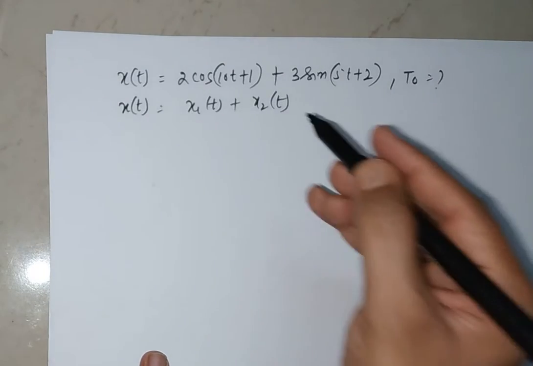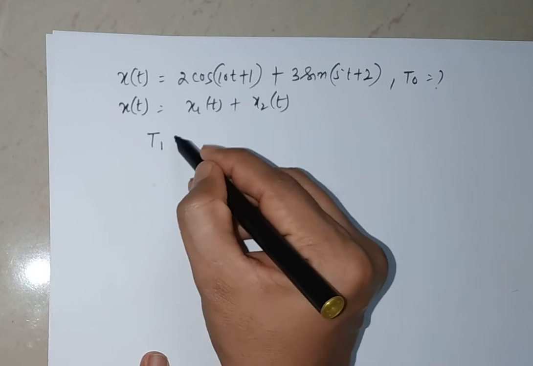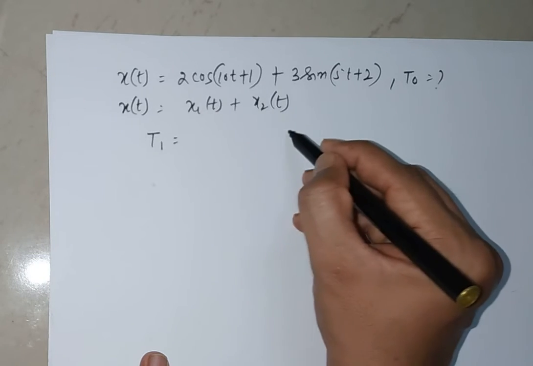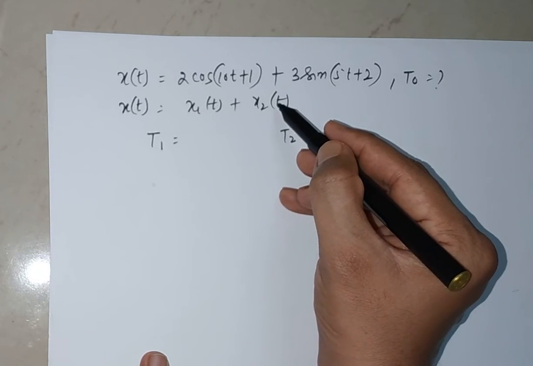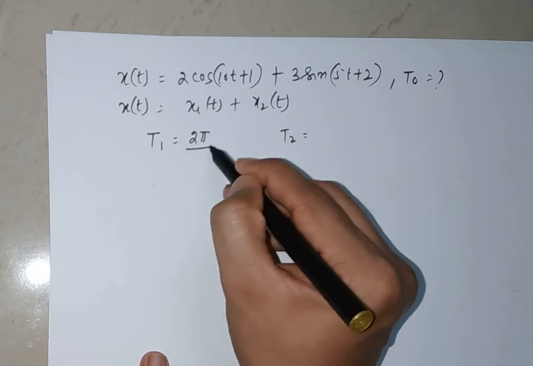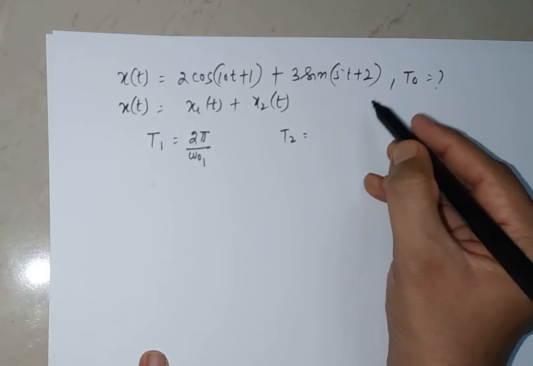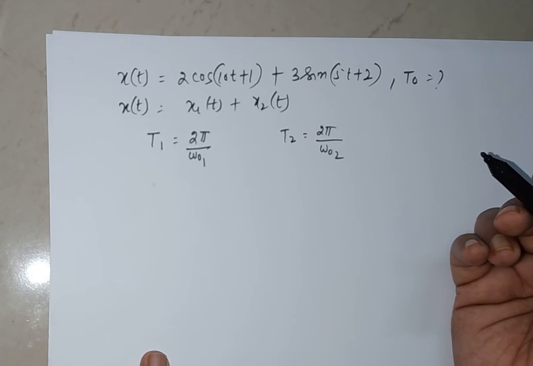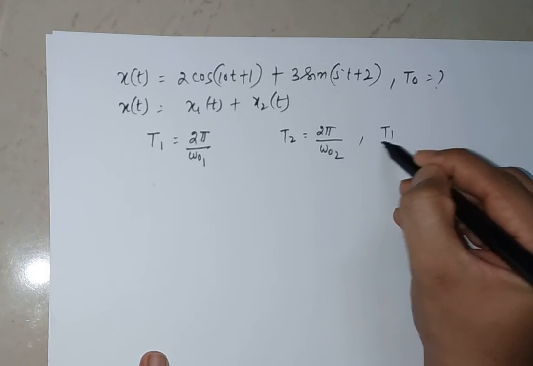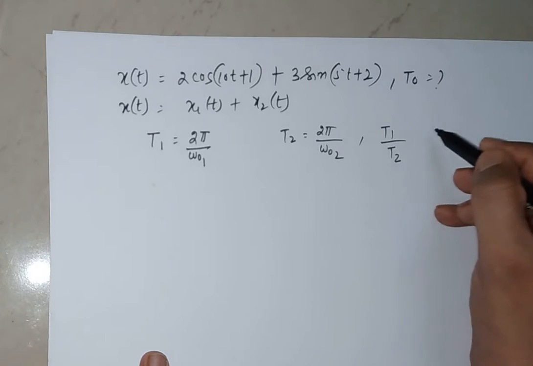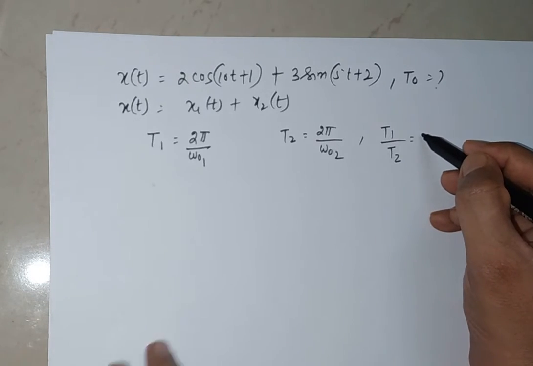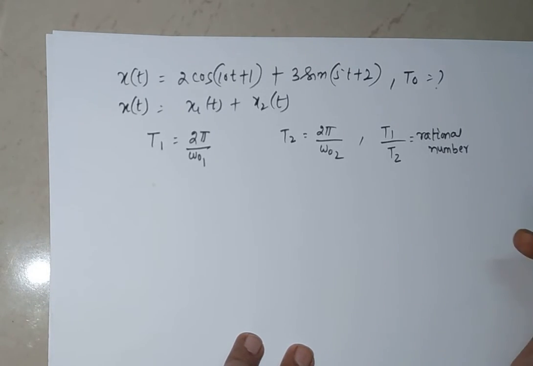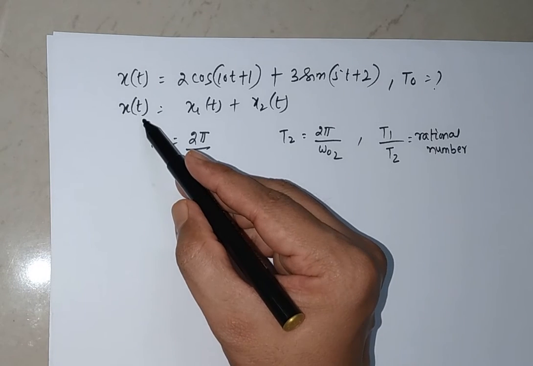Whenever this type of problem comes, first find t1, the period of x1 of t, and t2, the fundamental period of x2 of t. So t1 is 2 pi by omega 0 1 and t2 is 2 pi by omega 0 2. Then find t1 by t2. If t1 by t2 is a rational number, then x of t is periodic.